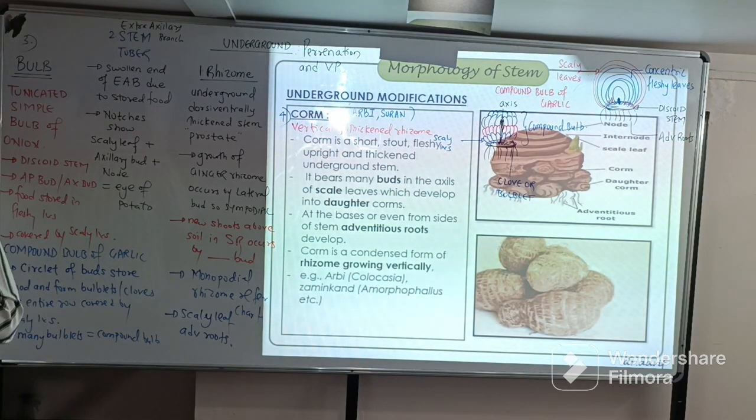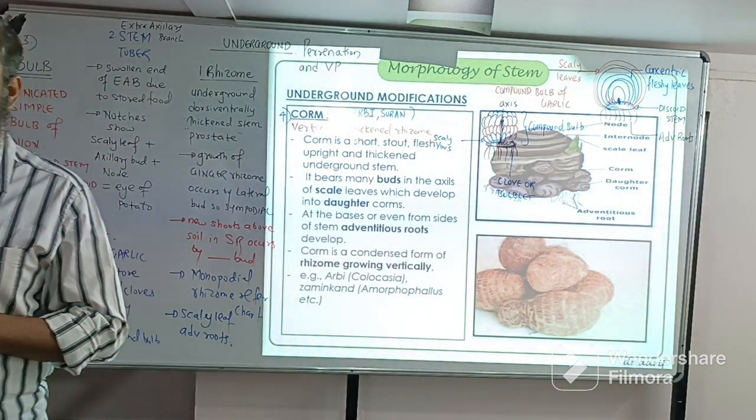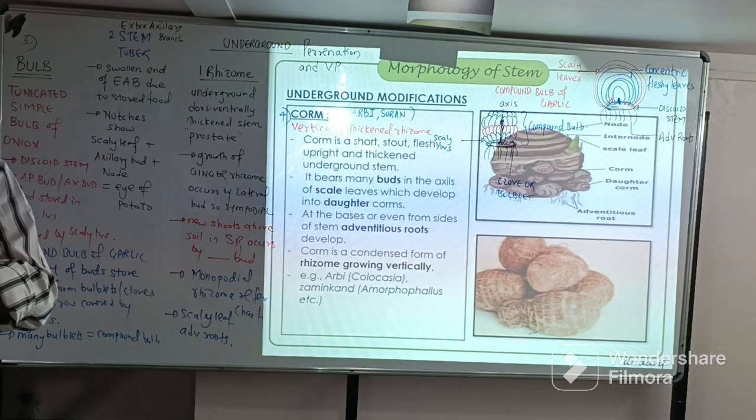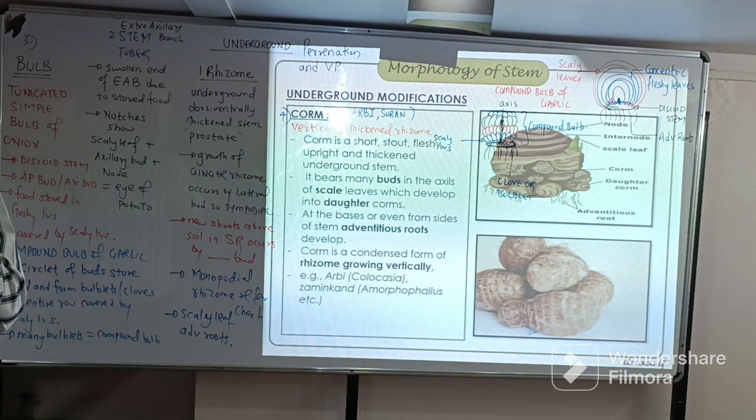Okay. When you eat garlic, what do you eat of the garlic? A swollen bud. But in the case of an onion, fleshy. Why is garlic called compound and onion said to be simple?